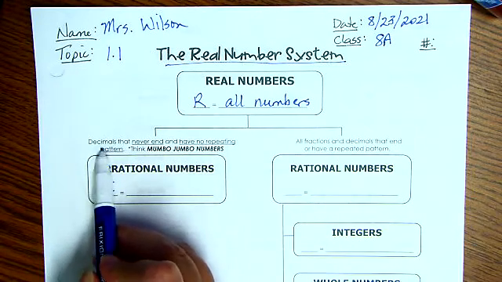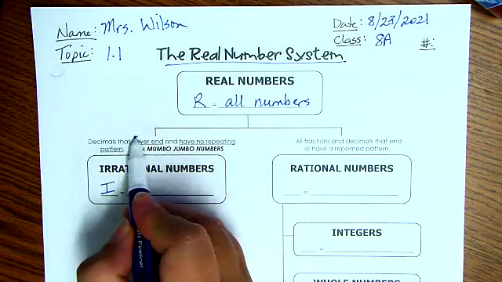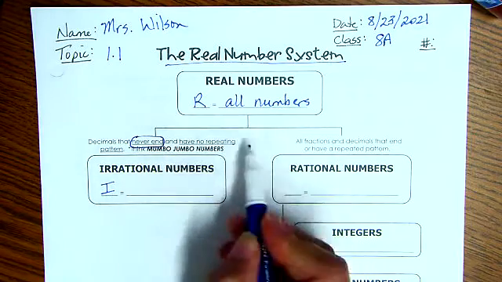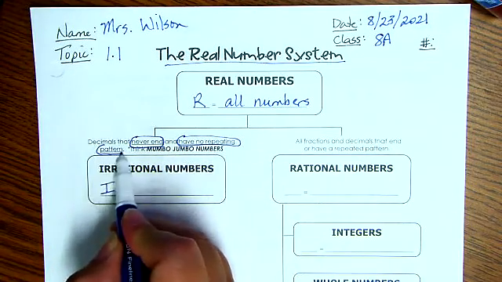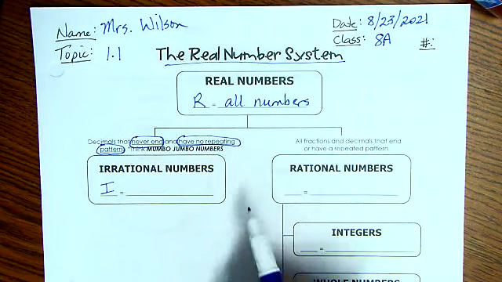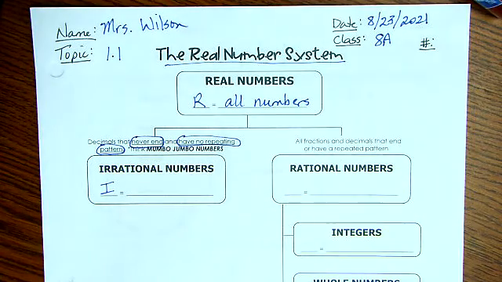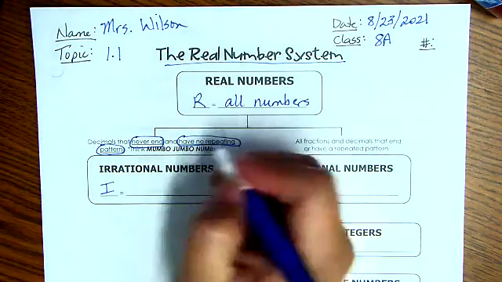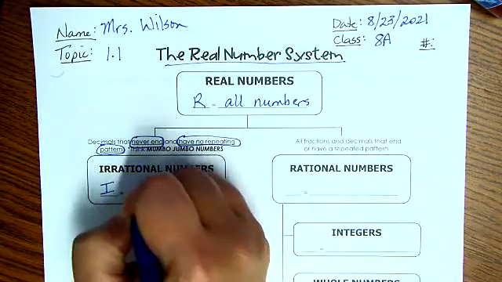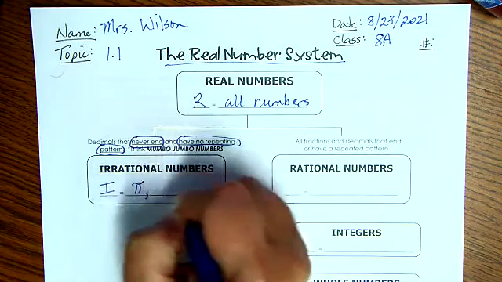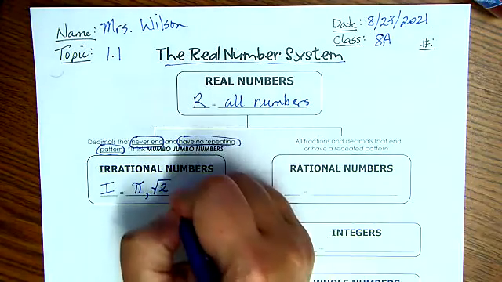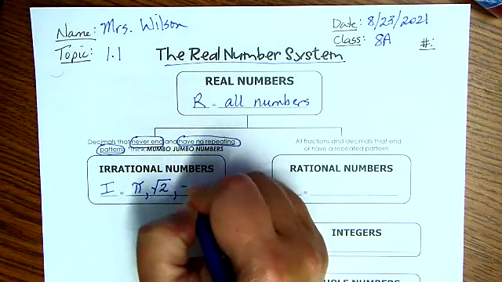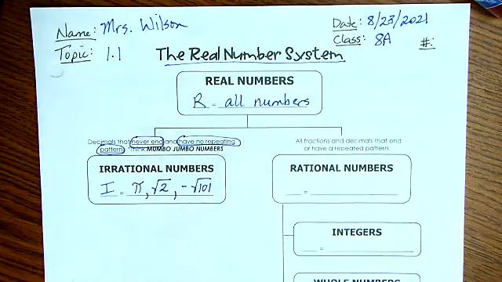Irrational numbers are decimals that never end and have no repeating pattern. Think mumbo jumbo numbers. They're the ugly decimals. So these examples would be like pi. If you punch in the calculator the square root of 2, you get an ugly decimal long number. Or like negative square root 101. These are just examples of what they might be.